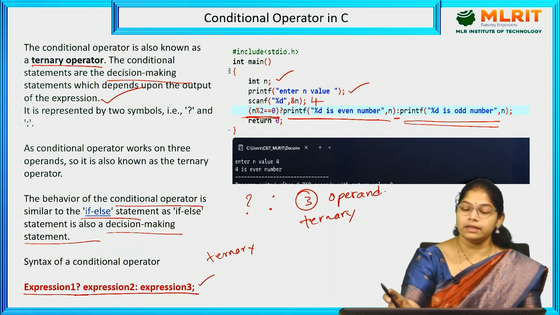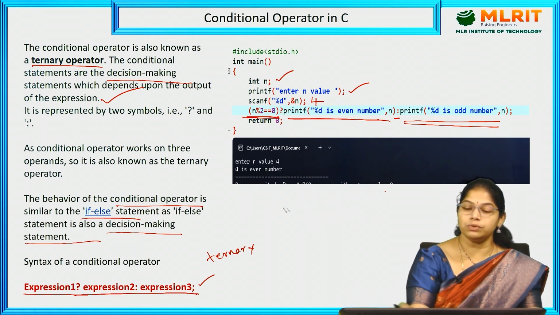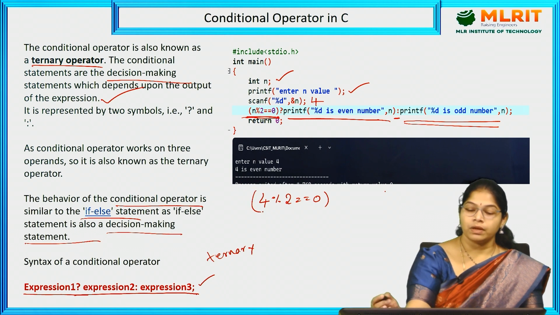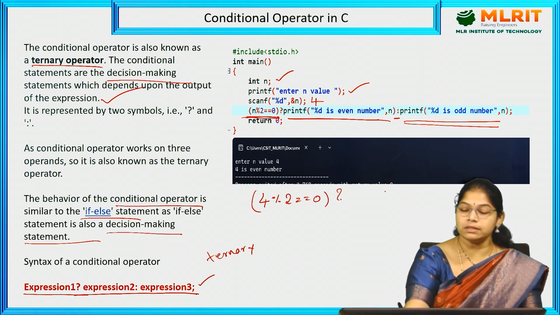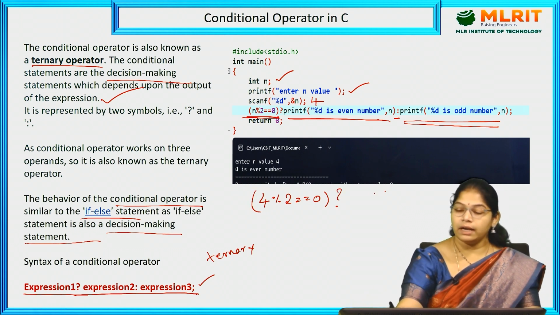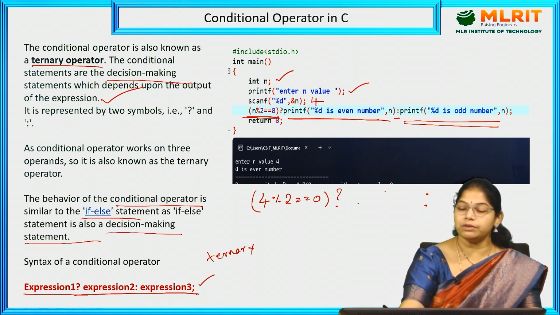So here the expression is n mod 2, where n value is 4, 4 mod 2 equal to 0. The symbol for conditional operator is question mark and then colon. So here we have to give the true part, whether it is an even number or odd number.